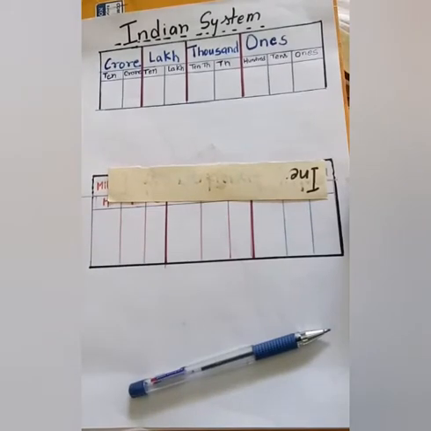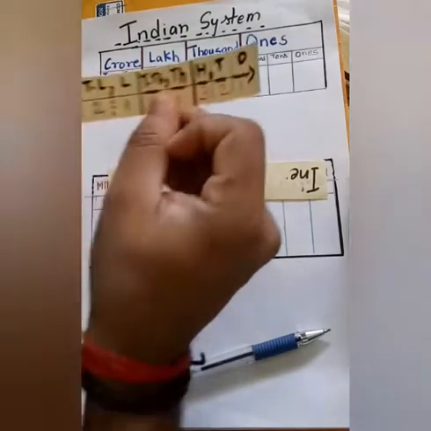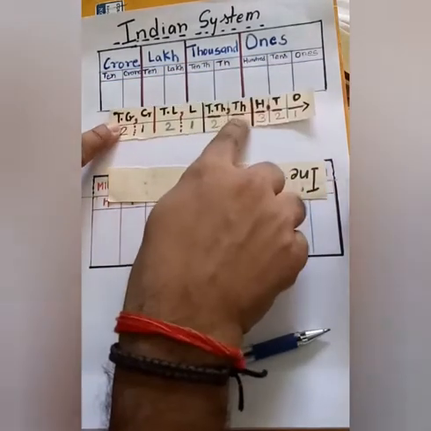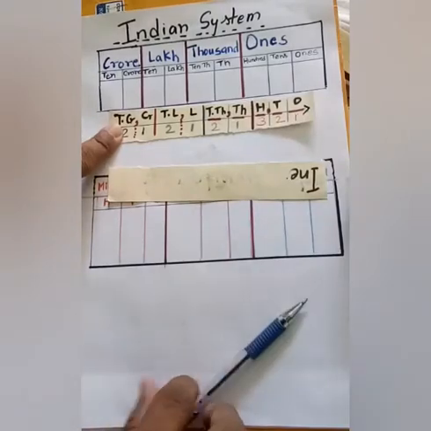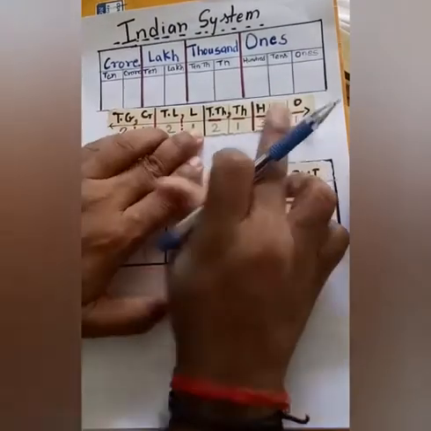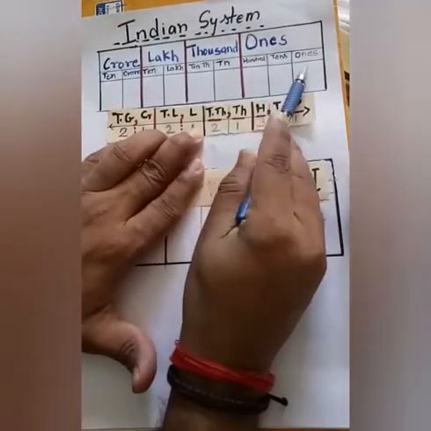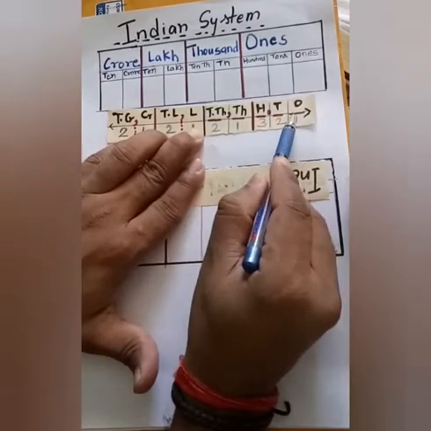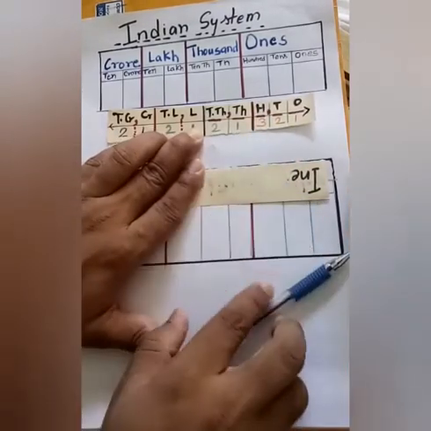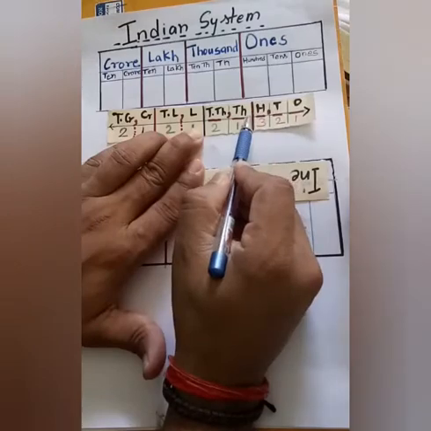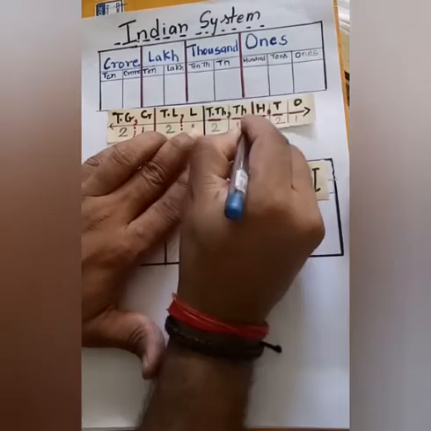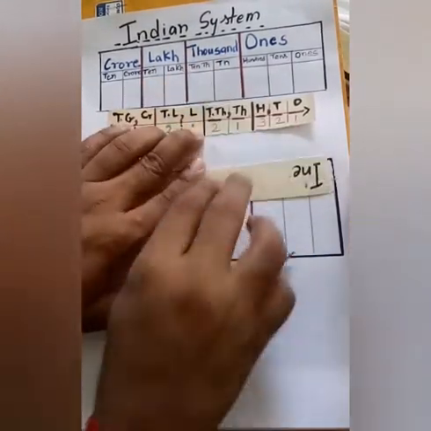Before I help you understand the commas, let's understand what exactly is happening here. I have tried another way for you to understand the comma part. First ones, tens, hundreds, same thing here. After three digits we put a comma.